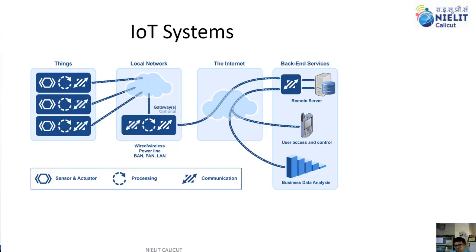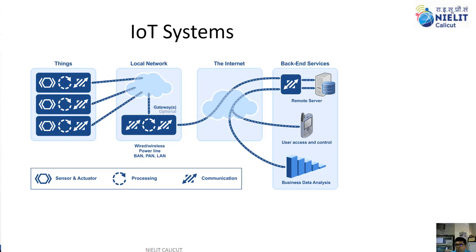So this is a typical application of an IoT system, where your embedded systems we sometimes call things. The sensors, actuators, and wireless connectivity solution will be integrated inside the things. So sometimes we call it a smart gadget.